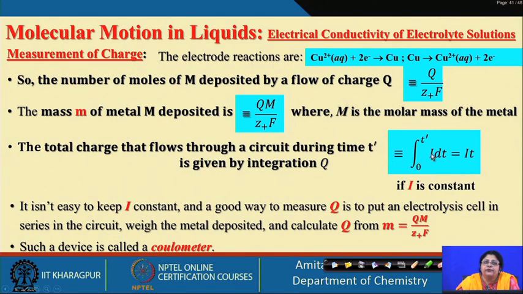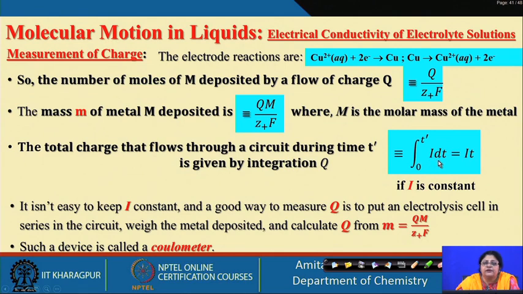If you integrate from 0 to t prime, the total time period you are involved with, this is the integration from 0 to the time of interest of I dt.